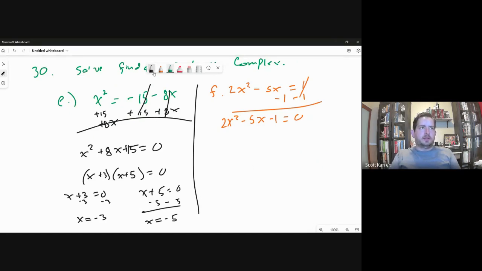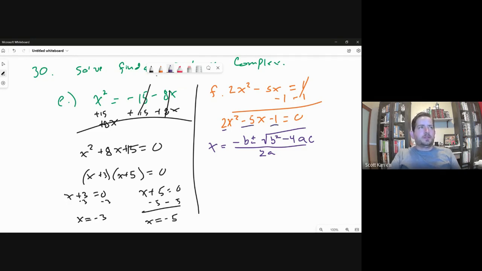And the quadratic formula is negative b plus or minus the square root of b squared minus 4ac all over 2a. And so a is 2, b is -5, and c is -1, and I'll plug it in there.